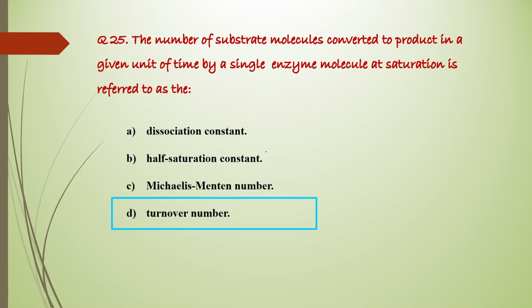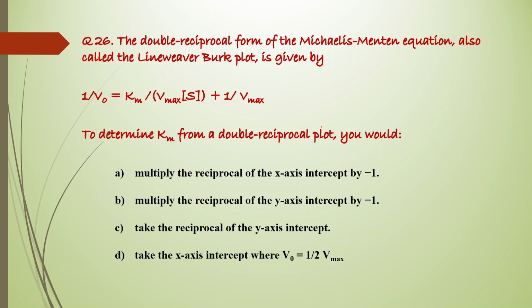I have explained this question in detail, so I am not going to do that again here. The substrate molecules converted to product per time per catalytic site of enzyme is the definition of turnover number for enzyme, and that is what is asked in this question. So let us move to here.